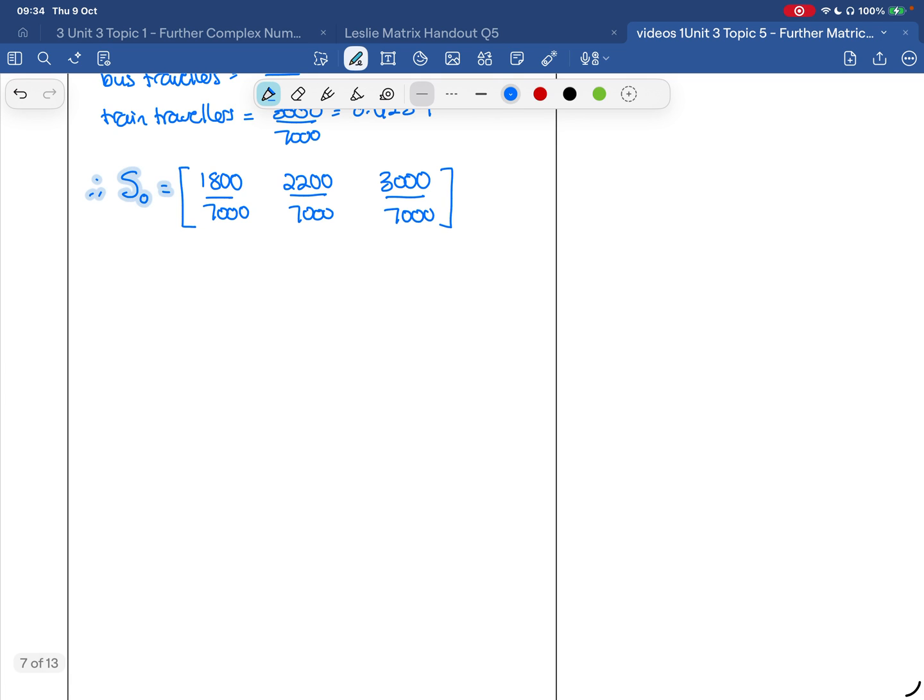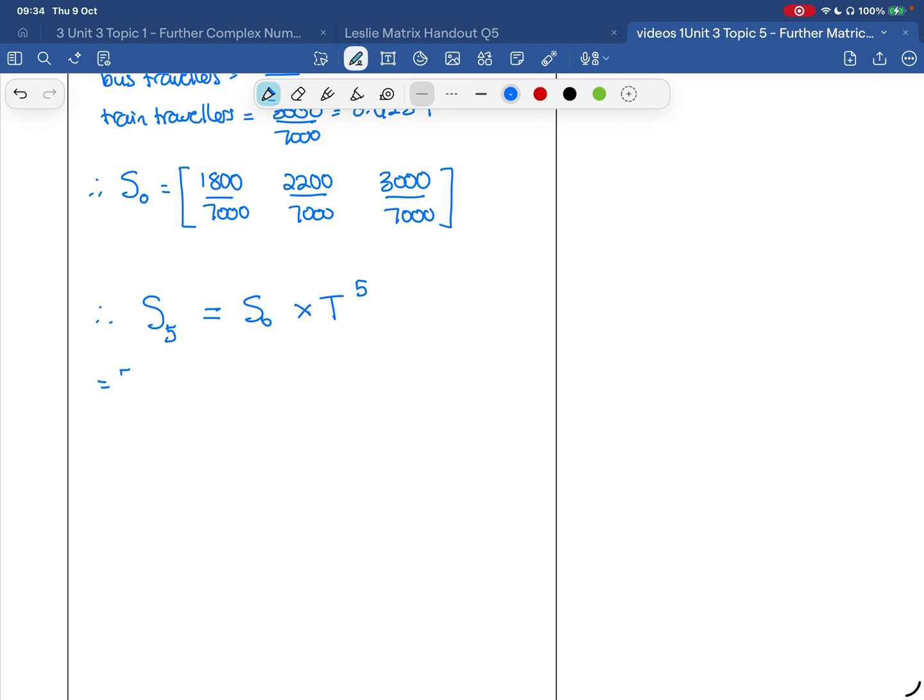Now, in order to find my proportions at the beginning of June 2021, my Markov chain formula says that I have to say it's S5 is equal to S0 multiplied by my transition matrix to the power of 5.